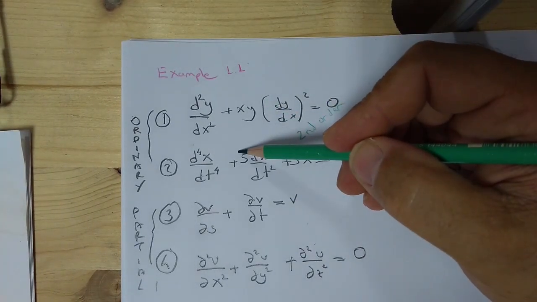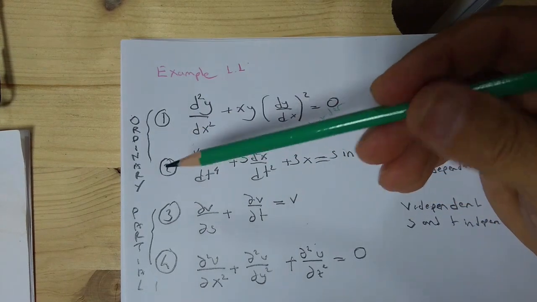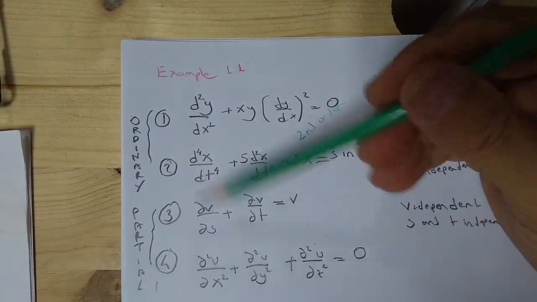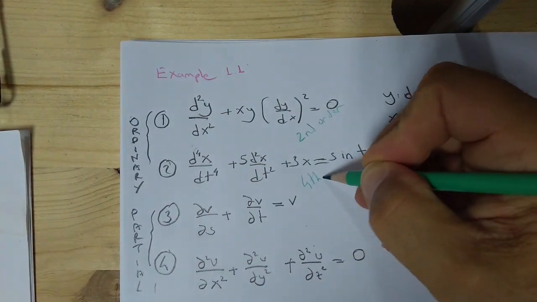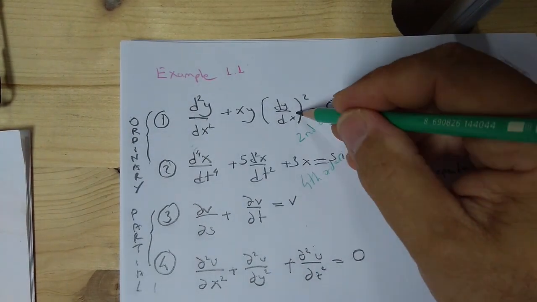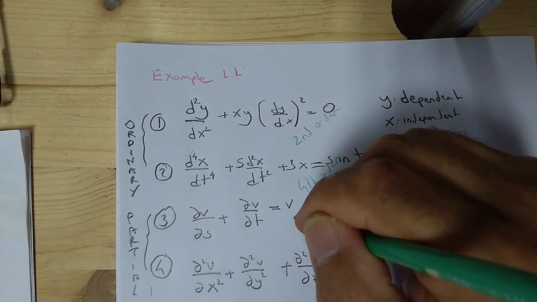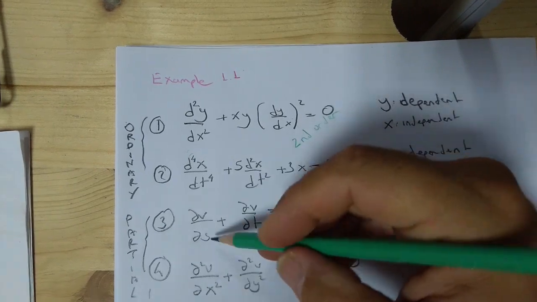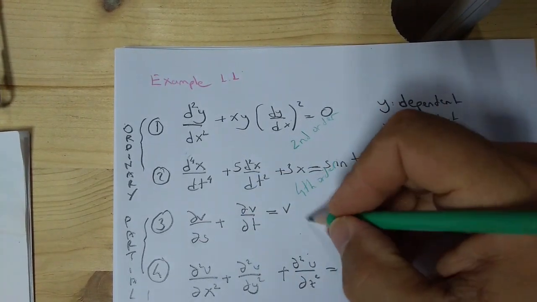How about this one? The highest order derivative defines the order, which is 4. This is a fourth order ordinary differential equation. This is a second order ordinary differential equation. How about here? This is first order, that is the first derivative: a first order partial differential equation.